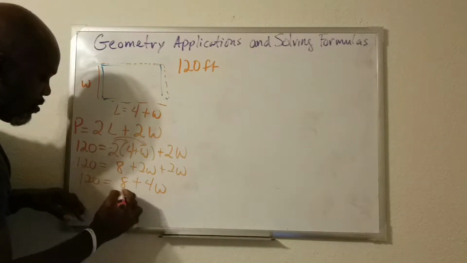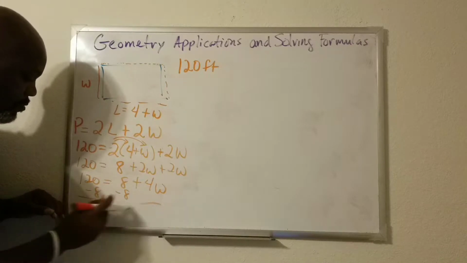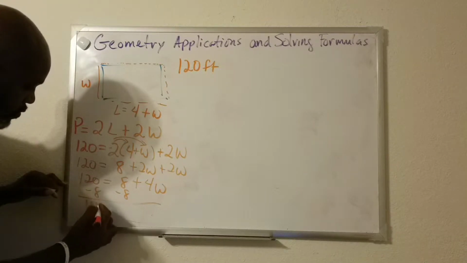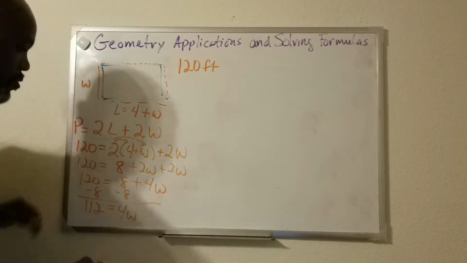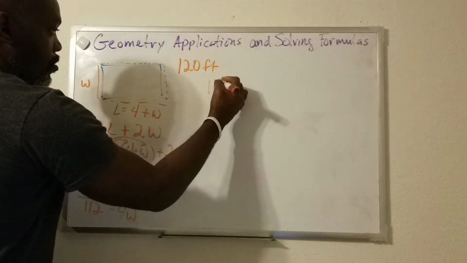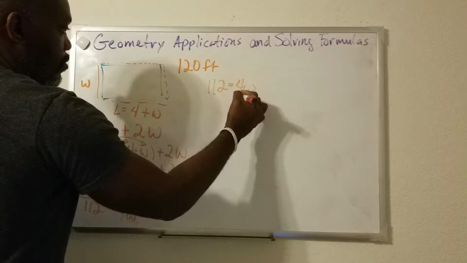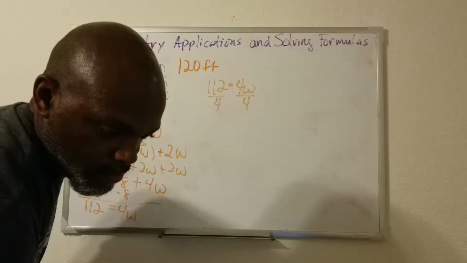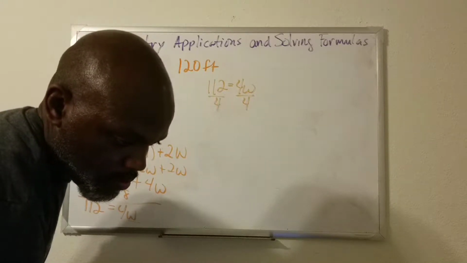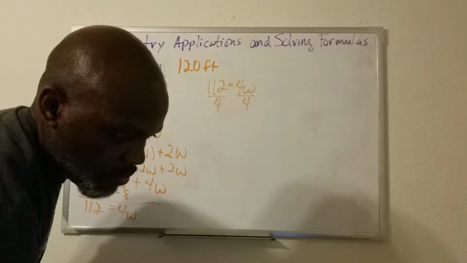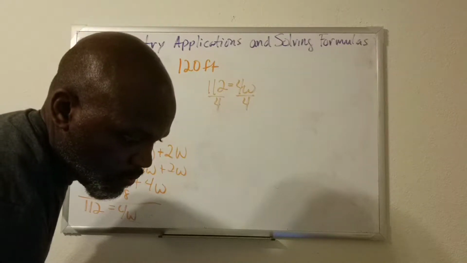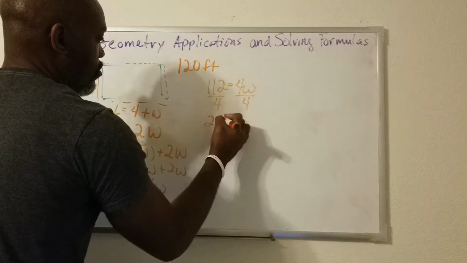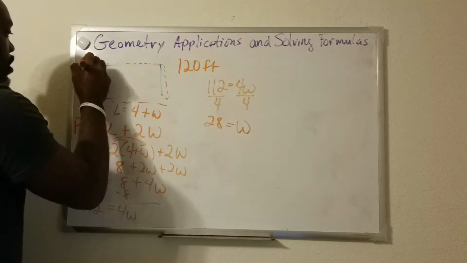I'm going to subtract 8 from both sides. This is 112. So 112 equals 4W, divide both sides by 4. 112 divided by 4 says the width is 28.